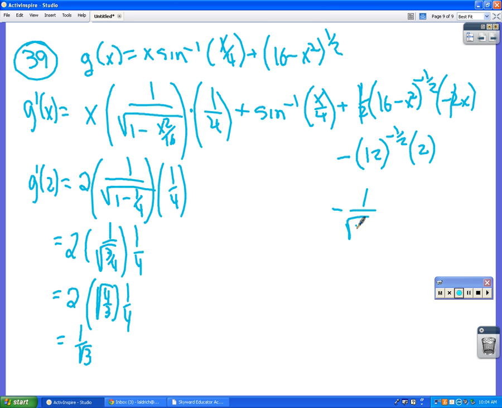Minus 1 over the square root of 12 minus 2. Square root of 12 simplifies to 2 root 3 times 2. The 2's cancel, so I have 1 over square root of 3 there, minus 1 over square root of 3 there. Oh my God. So all that stuff actually cancels. I wonder if it always does or if it only cancels with the value of 2.